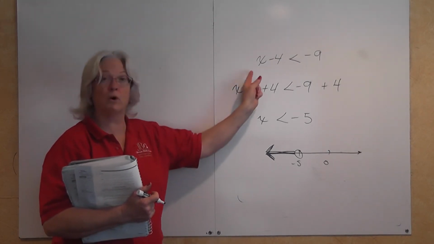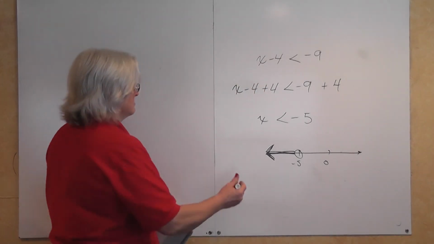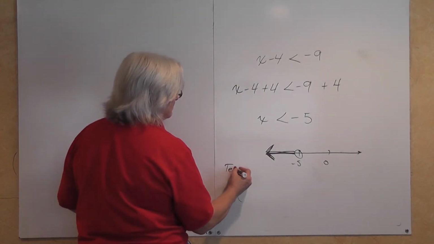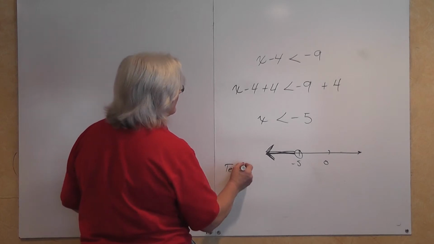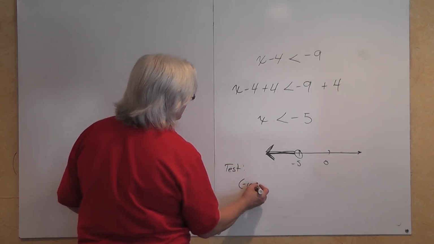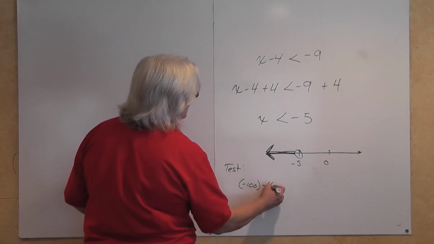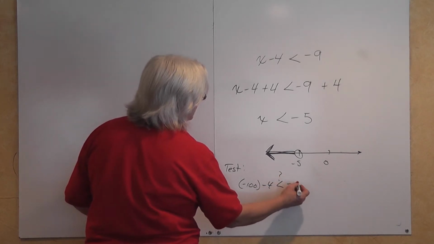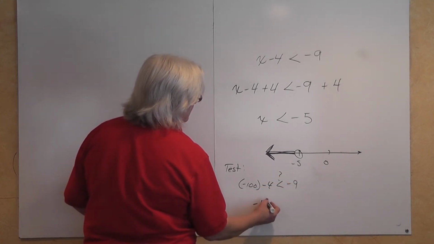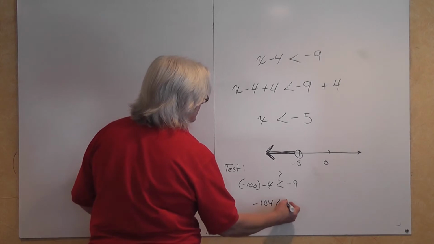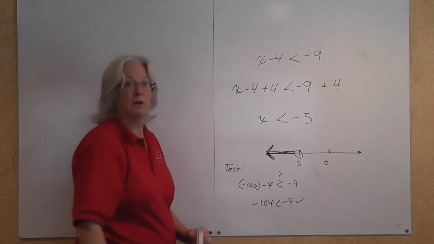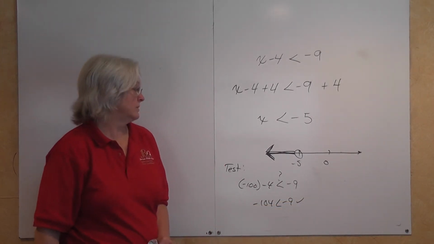Let's pick negative 100. Test. Negative 100 minus 4. Is that less than a negative 9? Negative 104 is smaller than negative 9.